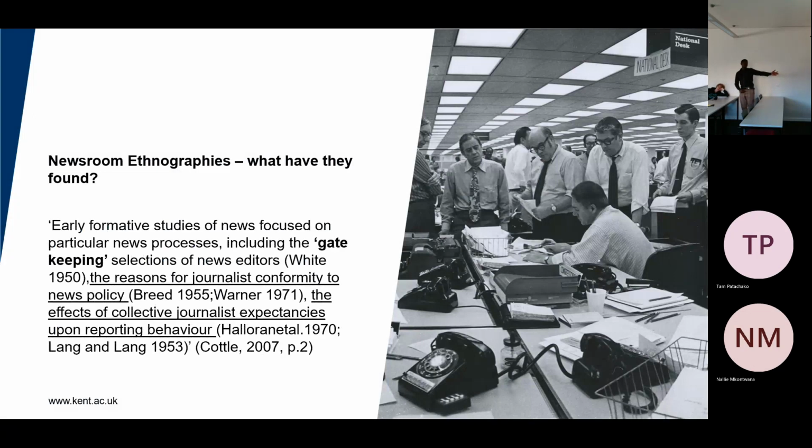What have they found? Gatekeeping was one of those things. How did they come about gatekeeping? There was an earlier study by White in 1950. It went into the newsroom to study how things are working. And the reason journalists act the way they do and why they publish content: there are several millions and thousands and billions of stories that are newsworthy, depending on your news judgments.